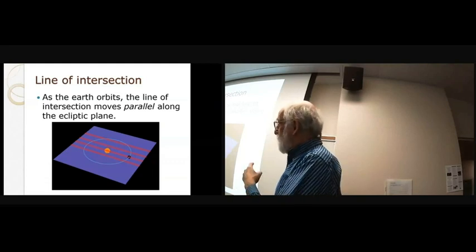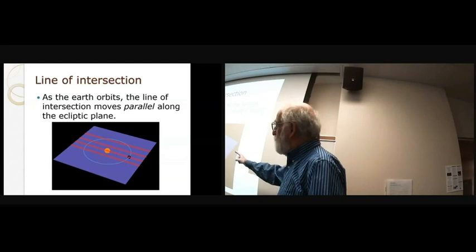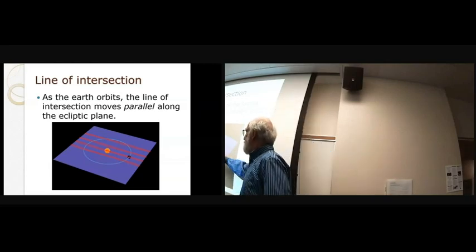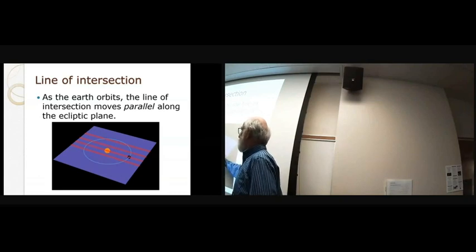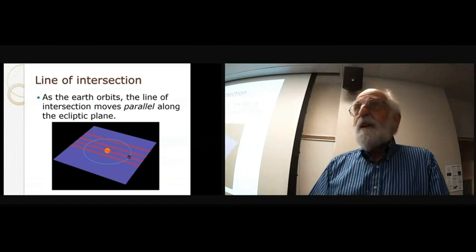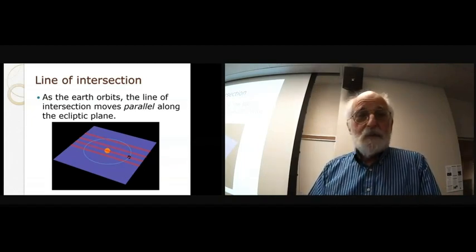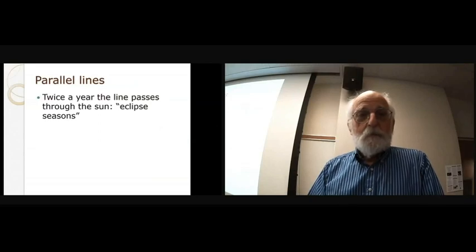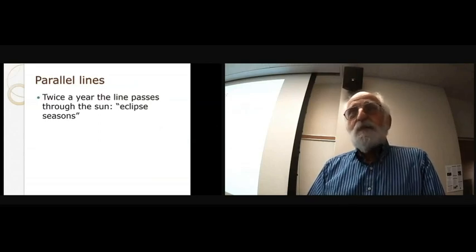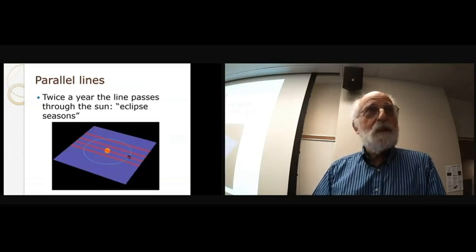So as the Earth goes around the Sun, that line moves so that at any time it is positioned somewhere on the orbit, and the line goes through that point on the orbit. That's the key fact that you need in order to understand, because it means that twice a year, the line is going to pass through the sun.